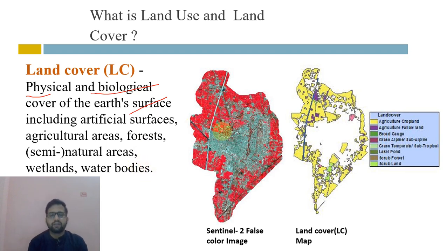Here we can see a Sentinel-2 false color composite satellite image, and another is the land cover map created from the Sentinel-2 image.